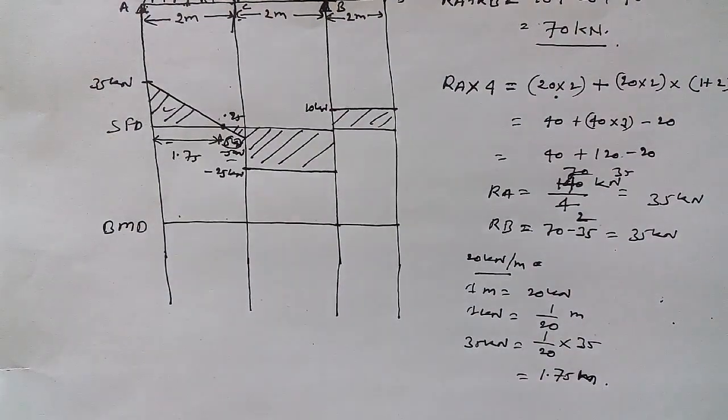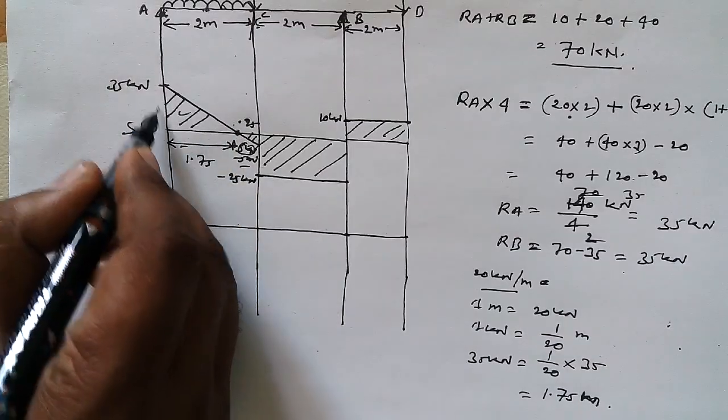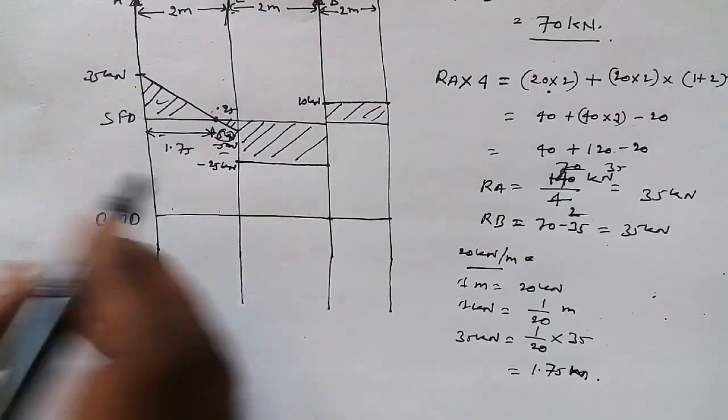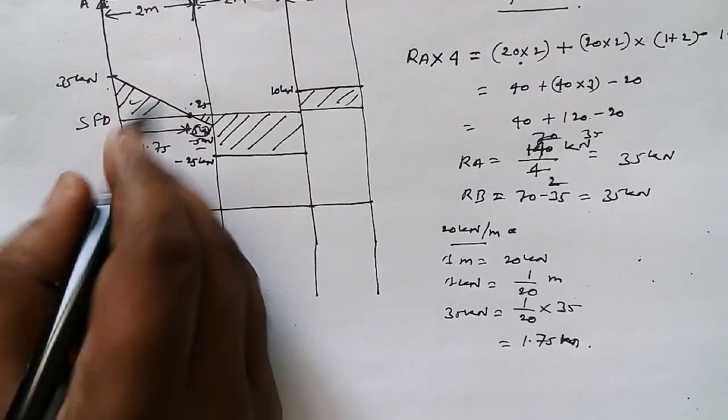Let me tell you why I have calculated this distance, because I have to find out the area of this triangle. That's why I need the distance from here to here.